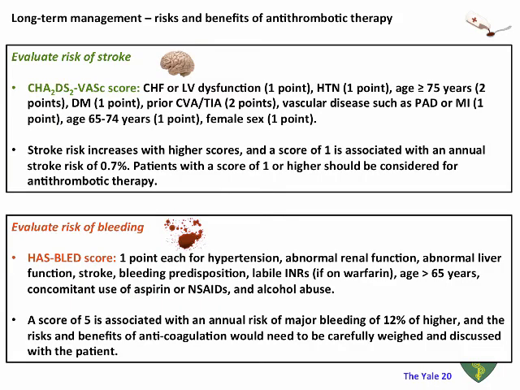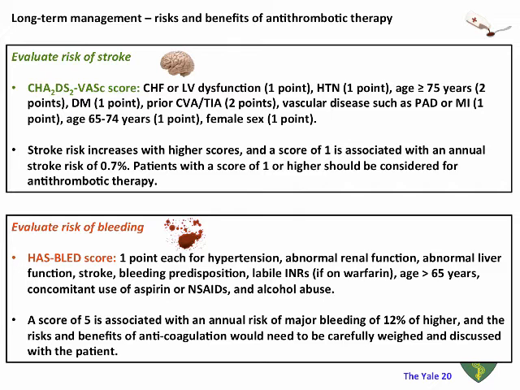The last piece of the long-term management of atrial fibrillation includes a discussion of the risks and benefits of antithrombotic therapy. The main indication for these is to prevent risk of stroke in patients with AF. First, one would evaluate the patient's risk of having a stroke. One commonly uses what's known as the CHADS-VASc score, which assigns 1 or 2 points for each of the following conditions.